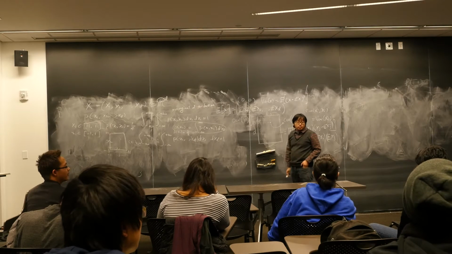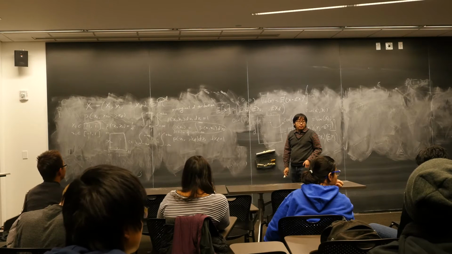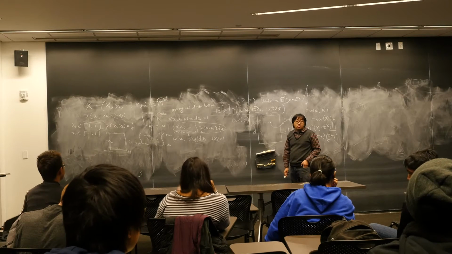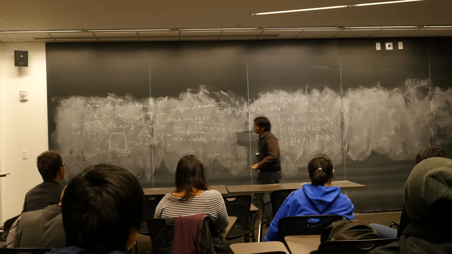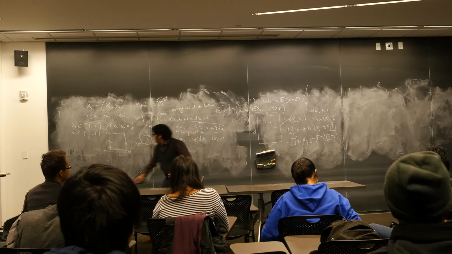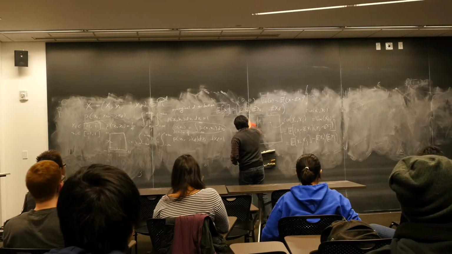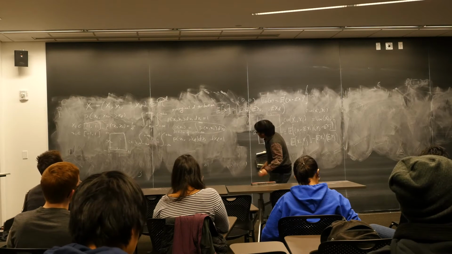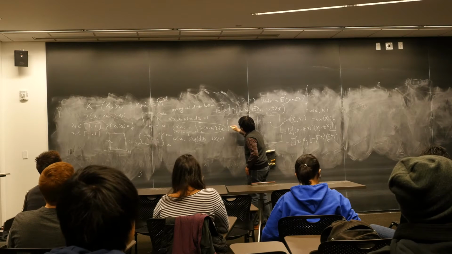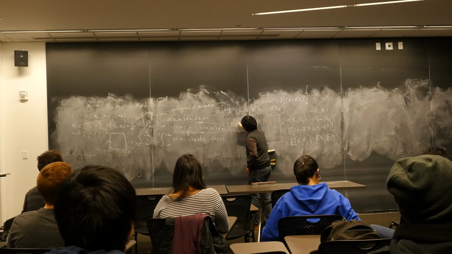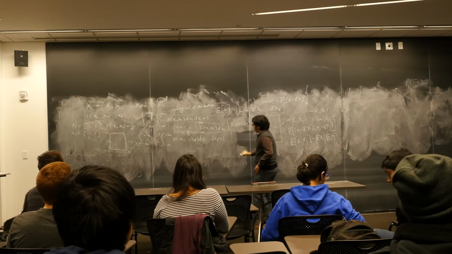So if we had to calculate E of x2, we would just marginalize. Yeah, this is one way to calculate. Or by definition, it is the integration of x times the density.